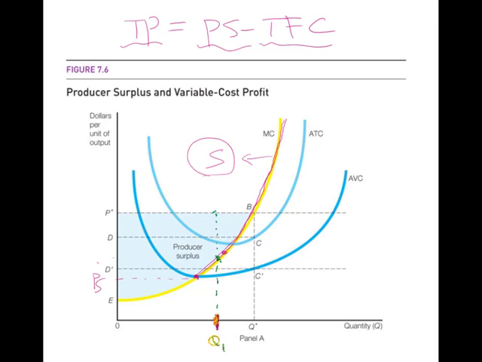The difference between the market price and the level of marginal cost at that unit generates marginal profit. This difference is called marginal profit. Likewise, if you produce here, let's say Q2, the additional money you earn is the price P star, and you pay the marginal cost for that unit, right? Again, the difference between the price and the marginal cost you pay for the unit indicates marginal profit.